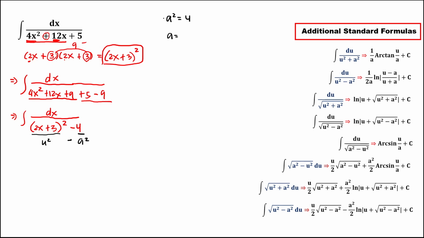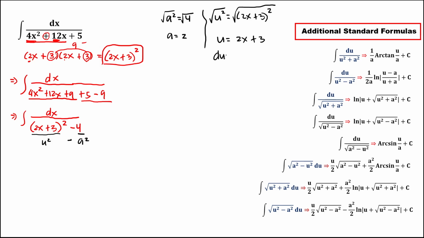Then to solve for a, take the square root. So a is equal to positive 2. Then for u squared, that's equal to the quantity of 2x plus 3 to the power 2. Then we need to take the square root to solve for u. So that's 2x plus 3.